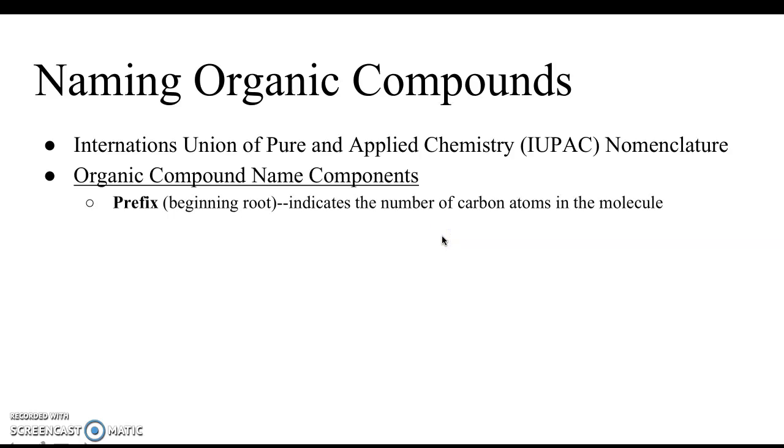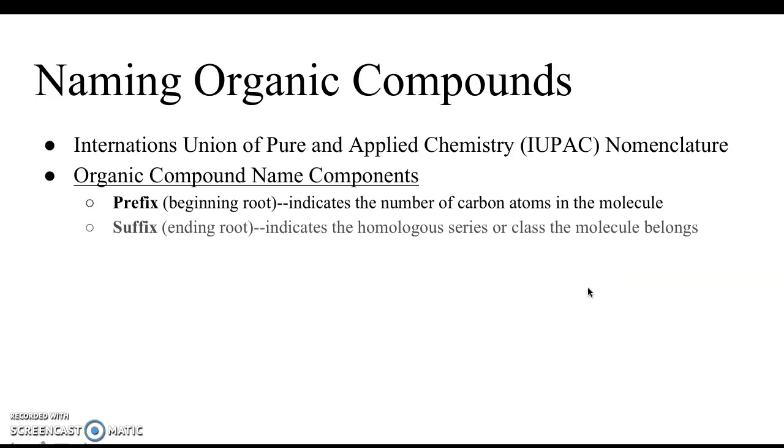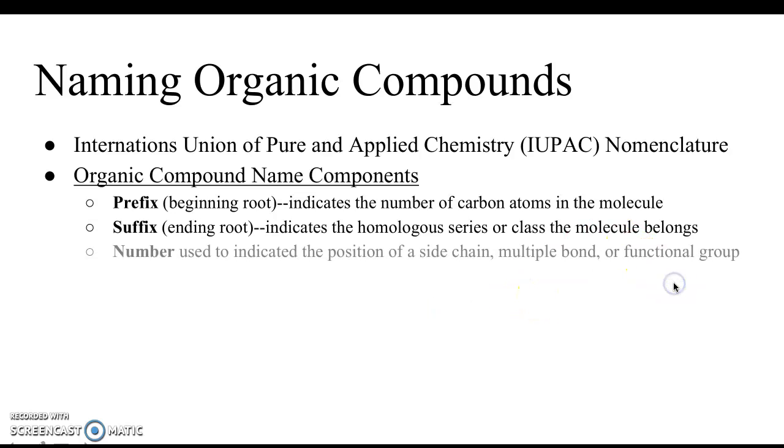So there's a few different components for organic compounds. We have the prefix, or the beginning root. This is going to indicate the number of carbons in our chain or our ring. The ending root, or suffix, is going to indicate what series or class the molecule belongs to, such as the A and E, E and E, Y and E that I just pointed out for our homologous series.